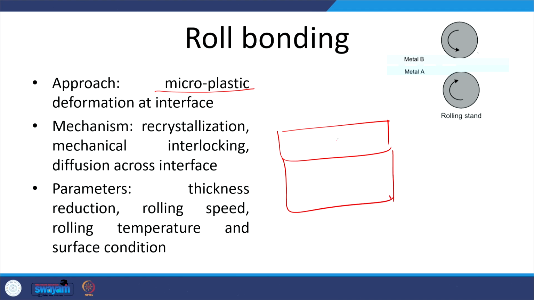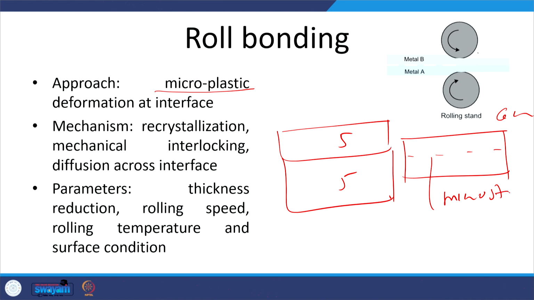Like if we start with 5 mm, 5 mm, and then after rolling the bond will be developed, reduced to say 6 mm after rolling. So, here what will happen? The reduction in thickness is macro level, but the interfacial deformation is micro level. Okay, micro level plastic deformation at the interface.